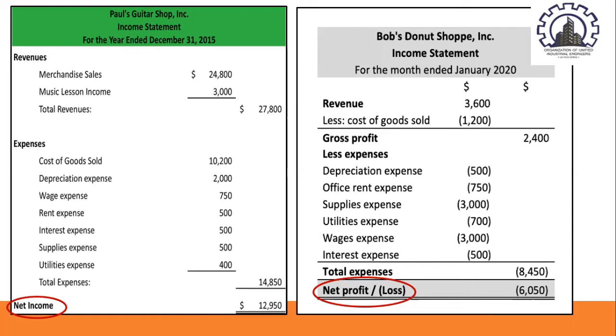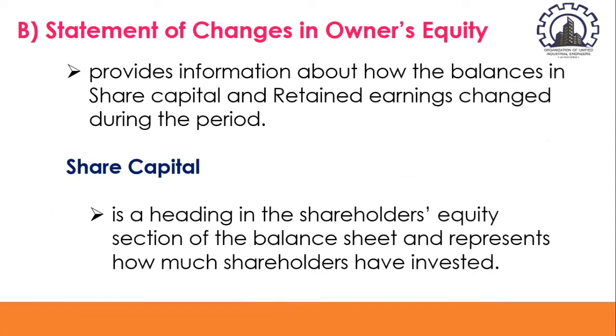Okay, another type of financial statement, we have statement of changes in owner's equity. And this statement provides information about how the balances in share capital and retained earnings changed during the period.